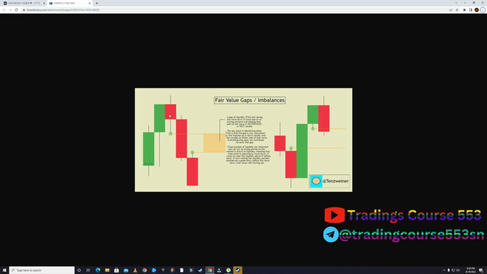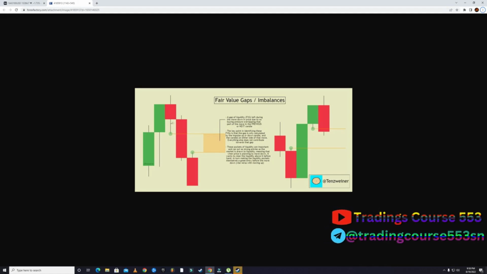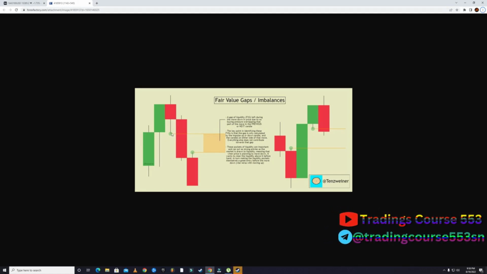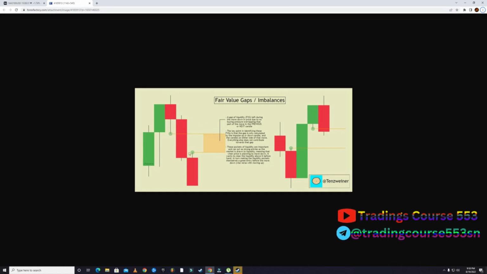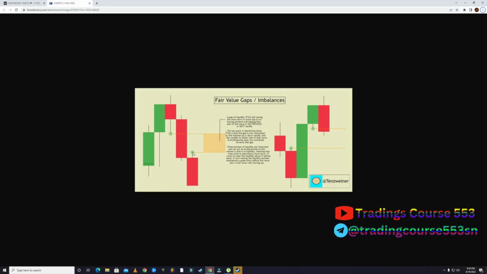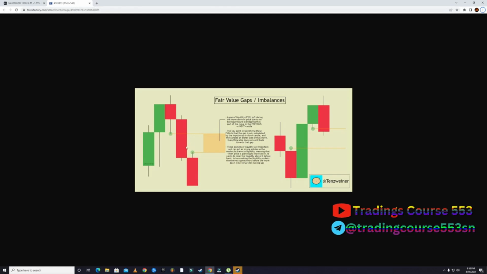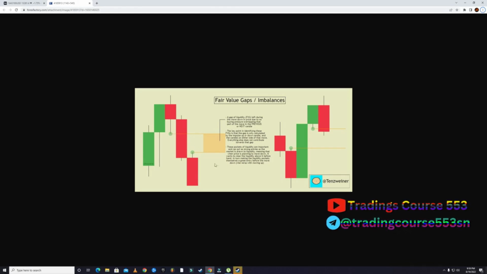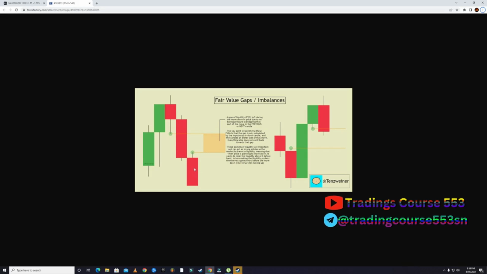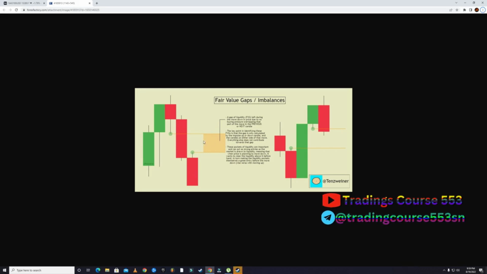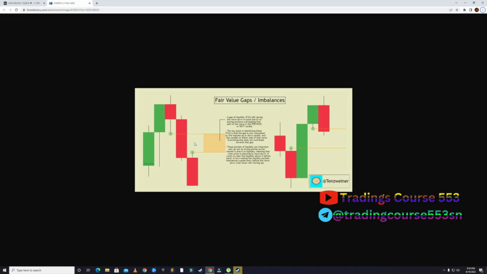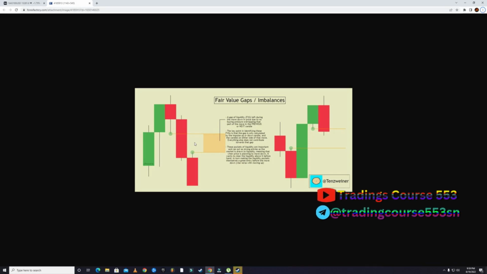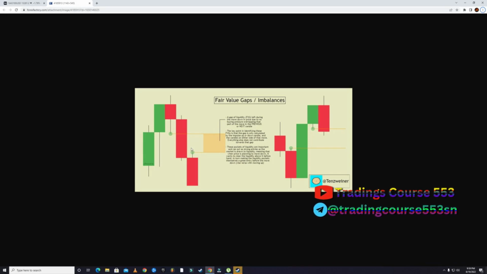This is the first candle, and we look at the low of the first candle, and then we look at the high of the third candle, and if there is a gap between the low of the first candle and the high of the third candle, then that area could be considered as a fair value gap or imbalance.